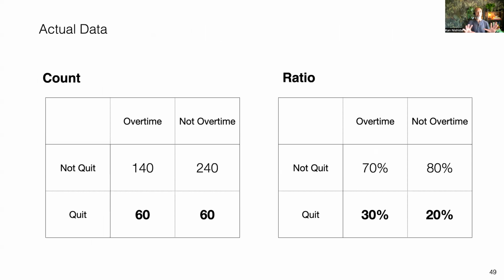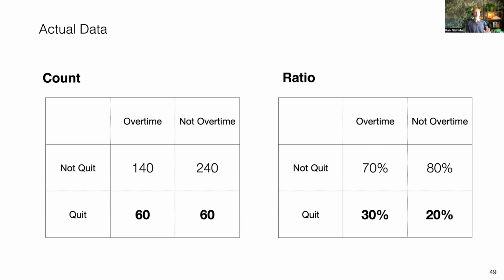This is just an example, I just made up the numbers here. So far we've been looking at the ratio chart, like a 100% bar chart, which is the right-hand side. Let's say 30% of overtime and 20% of not overtime people left the company. But the left-hand side is the actual numbers, 60 people in each who left the company.